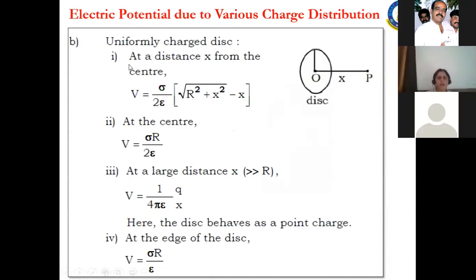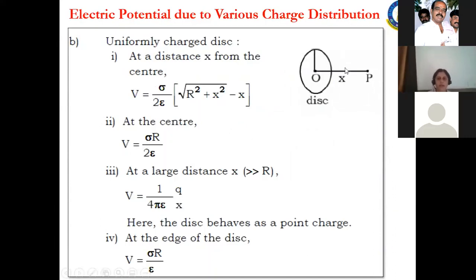So next, electric potential due to a uniformly charged disk. This is a disk which is uniformly charged, and we find the electric potential at a distance x from the center. So you take a point P at a distance x from the center, then the electric potential at this point P is given by, now here what we have to take is the surface charge density, because we are considering the disk.